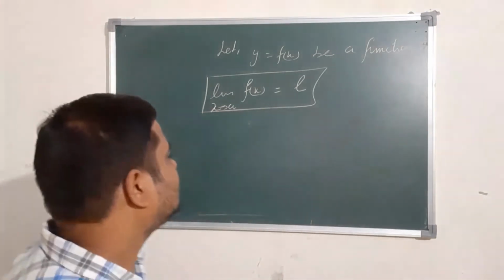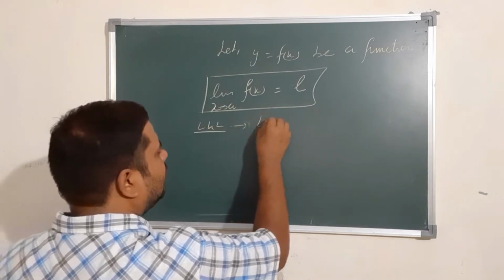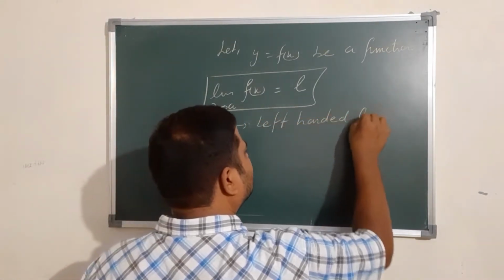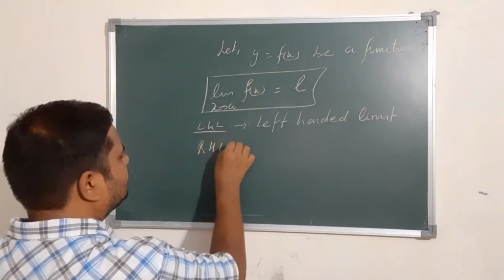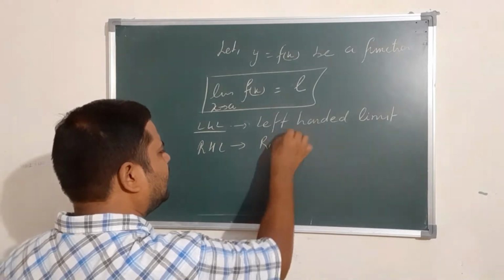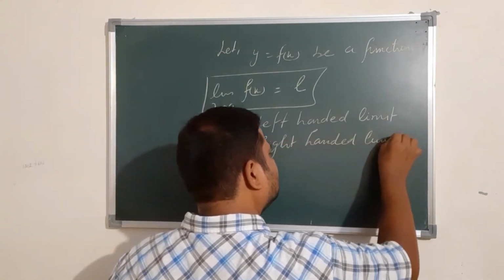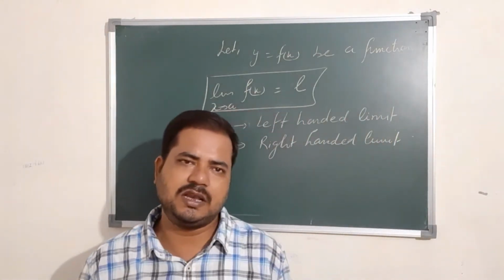But this limit exists only if the LHL, the left-handed limit, and the RHL, the right-handed limit, both exist. What is the definition of LHL and RHL?